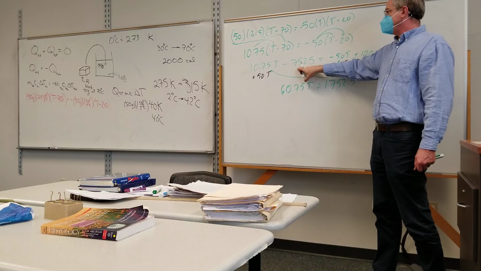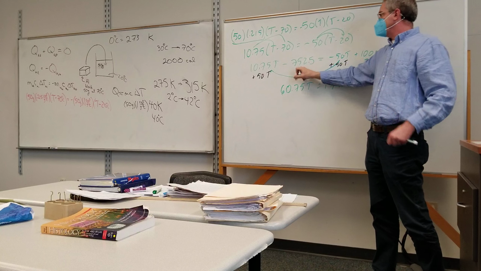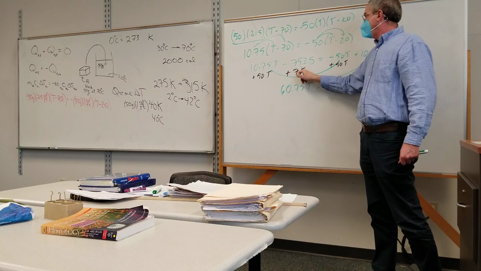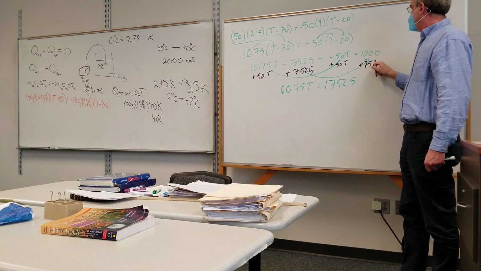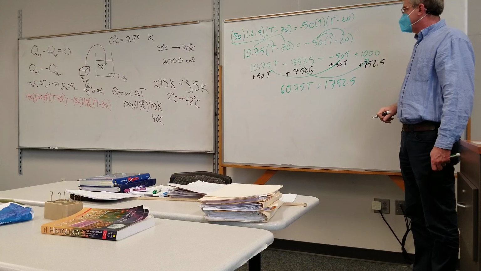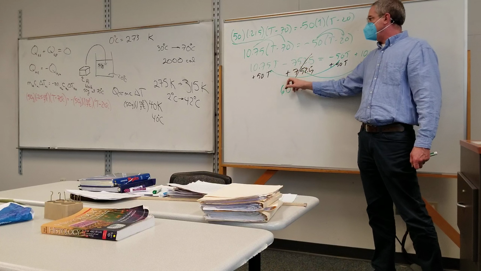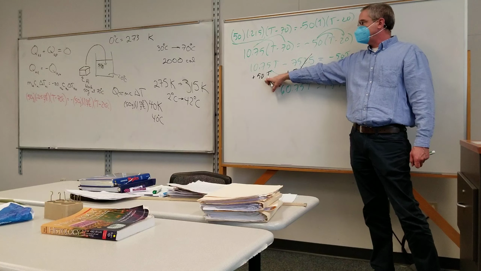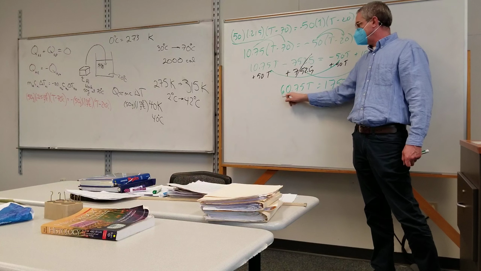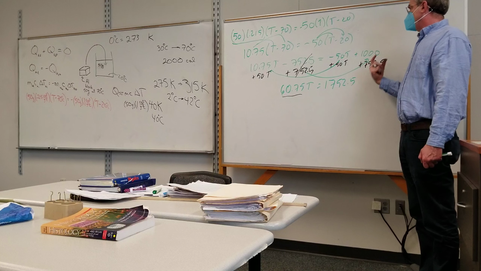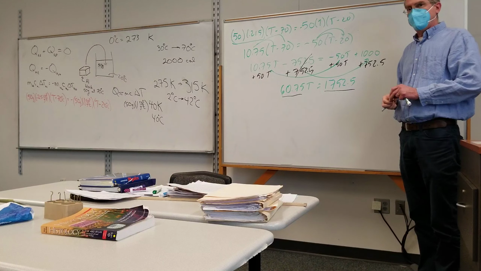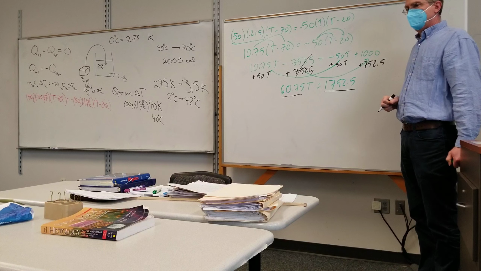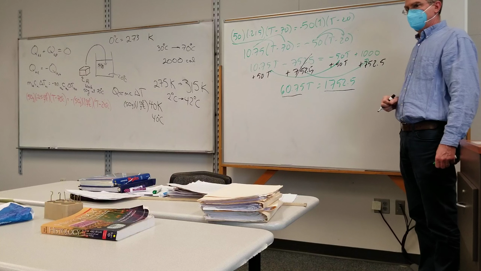And then the 752.5, I want to get over to the right, so I'm going to add it to both sides. So on the left-hand side, these cancel out, and I'm left with 10.75t plus 50t, or 60.75t. And on the right-hand side, I got 1,000 plus that, and it gives me this. I assume you've done this, that's what you did.